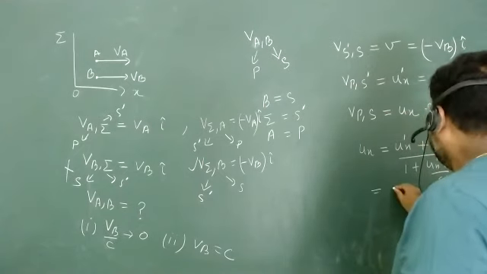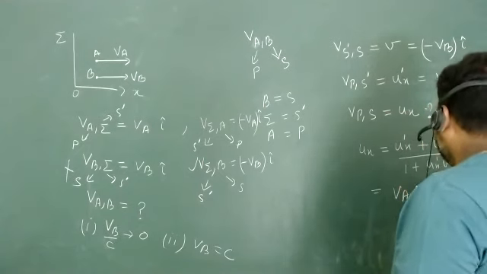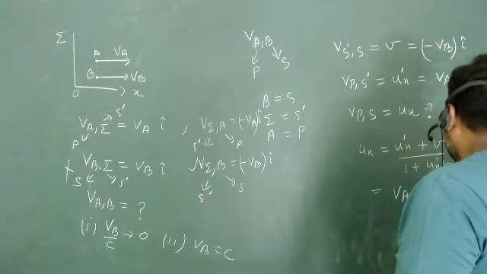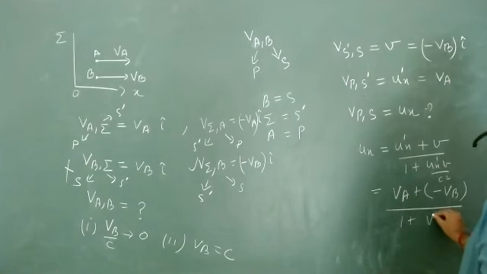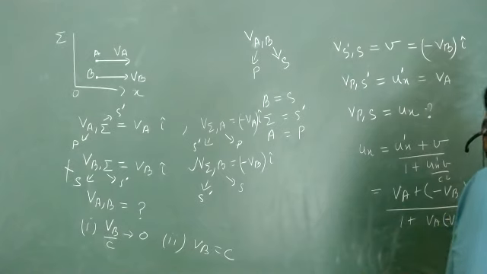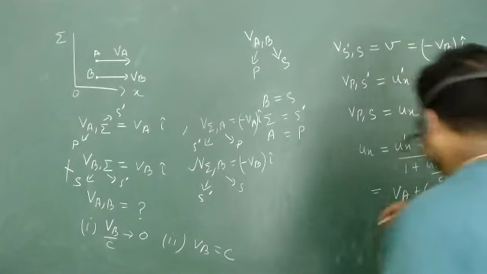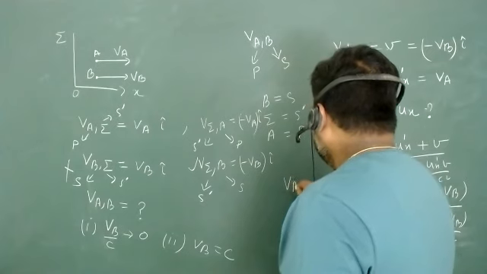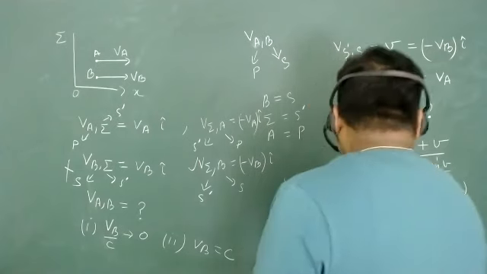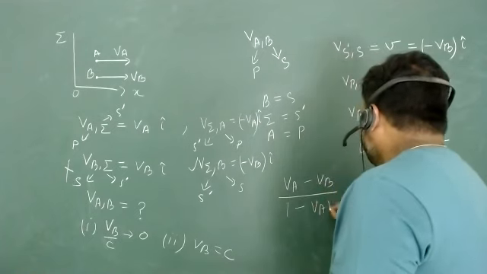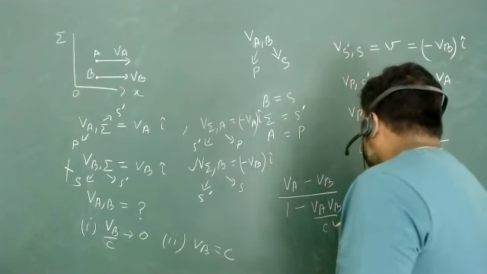UX dash is VA. So this is VA plus what is V? Minus VB. Exactly. 1 plus UX dash, what is UX dash? VA. This is nothing but minus VB upon C square. Now look at here. VA minus VB upon 1 minus VA VB upon C square.